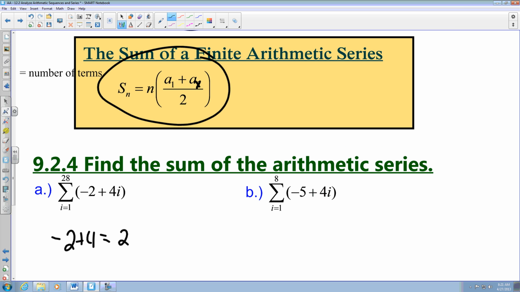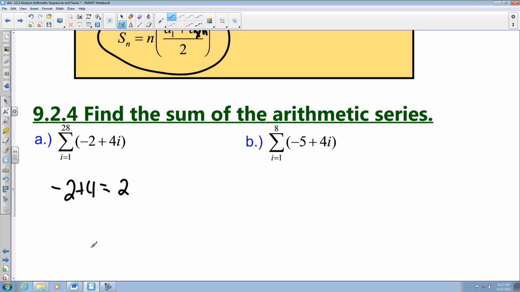This needs to be a sub n, whatever n is. So if I look for a sub 1 here, which is when i is 1, that's negative 2 plus 4, which equals 2. And then if I find what a sub 28 is, it's going to be negative 2 plus 4 times 28, which is 4 times 28 gives me 112 plus a negative 2, which is 110.